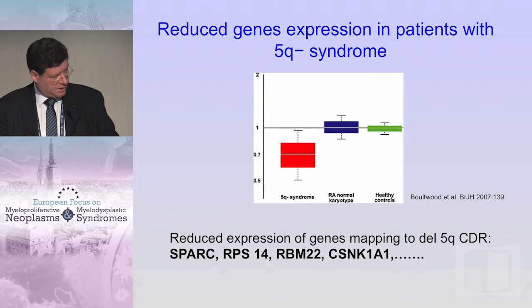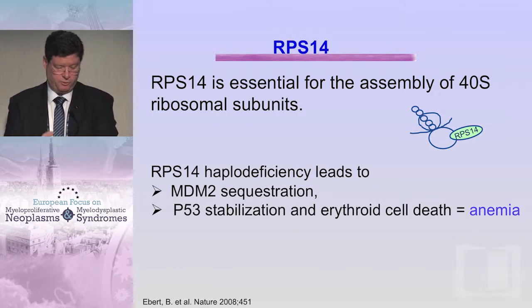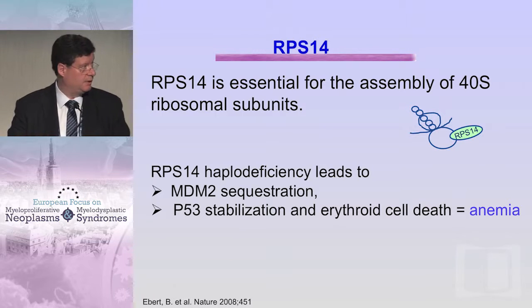The group of Andrea Pellagatti and Jacqueline Boultwood did this experiment looking at expression profiling, as Nick also showed us, for the candidate genes in the deleted region, and they are all decreased in expression, appropriately for the phenomenon of haploinsufficiency. Here I have given just a few names of the ones that seem to be very important in the pathogenesis of 5q- and for the response to lenalidomide.